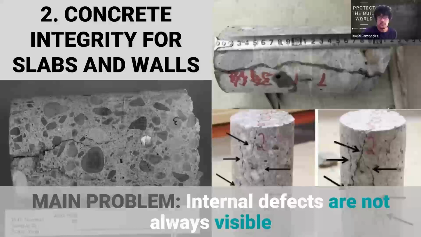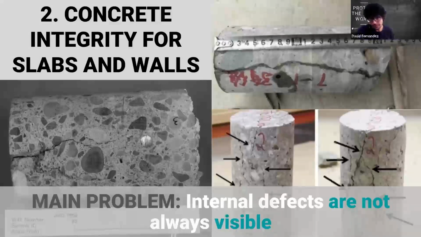And just for the estimation of the integrity, a good option is to extract concrete cores. And by visual inspection, you can see if there are some internal defects, as you can see on the image. But again, this is a destructive technique.